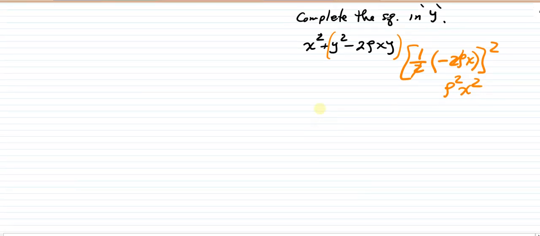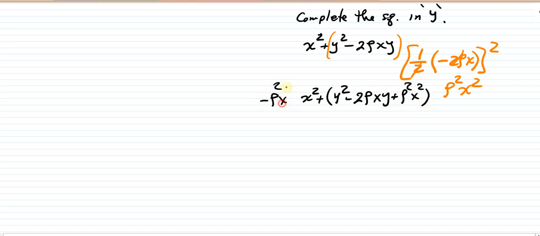That's what I'm going to add and subtract from the expression. So this is x squared plus y squared minus 2 rho x y plus rho squared x squared, and then minus rho squared x squared.